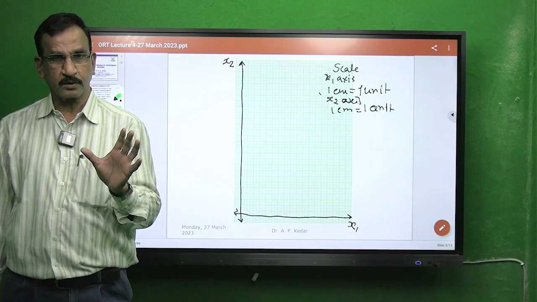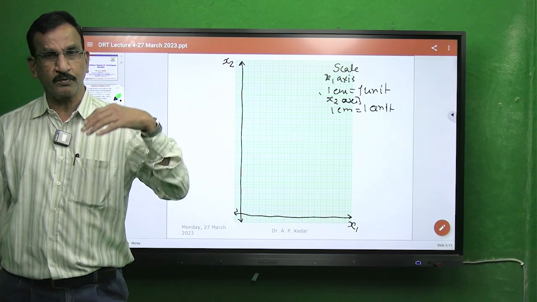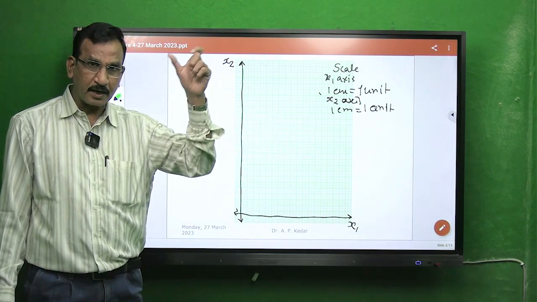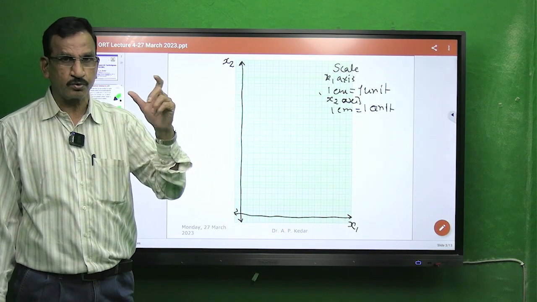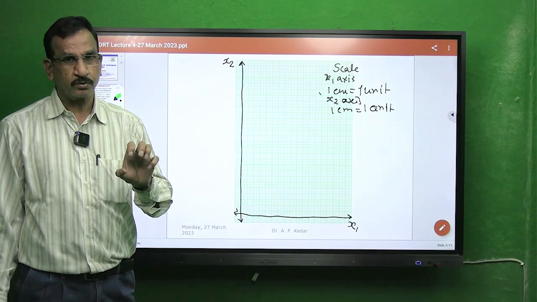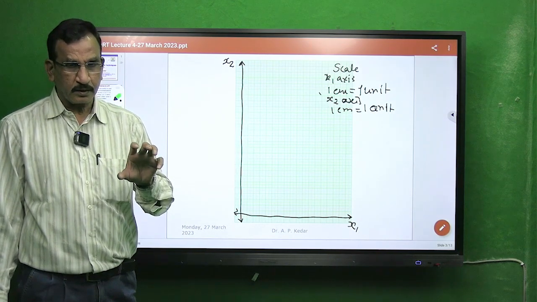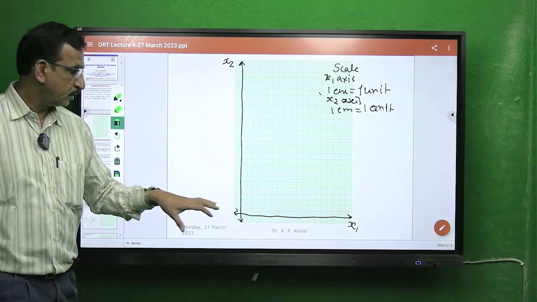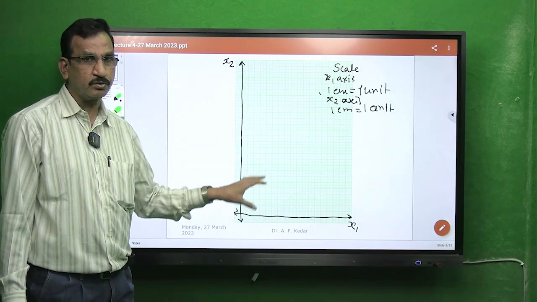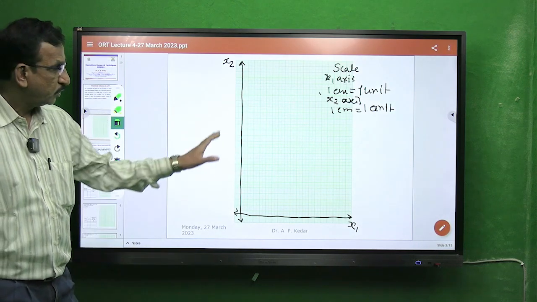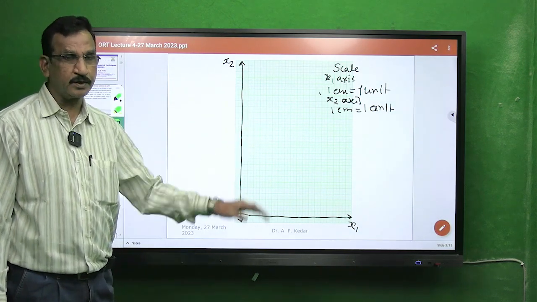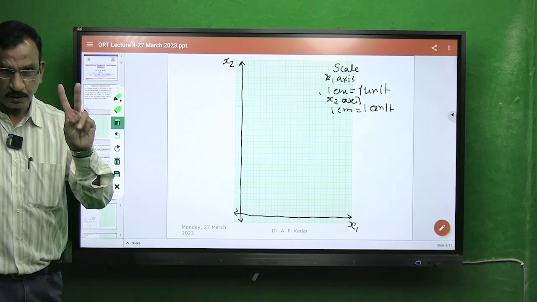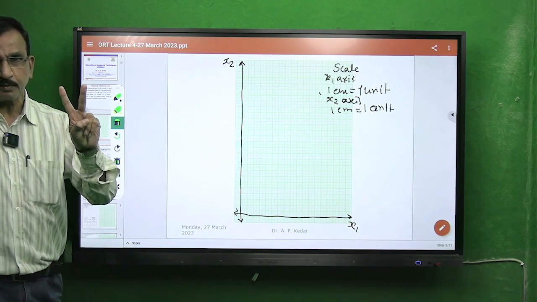If you get x1, x2 coordinates with very large values, and we know the limitation of graph paper, then to accommodate those larger values of x1 and x2 coordinates we have to take a bigger scale, that is, 1 centimeter equal to a larger value, and then only can we plot those values on the graph paper. So this graph paper is a prerequisite for finding a graphical solution to a problem where only 2 variables exist.